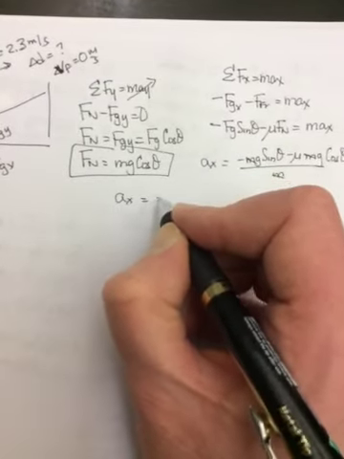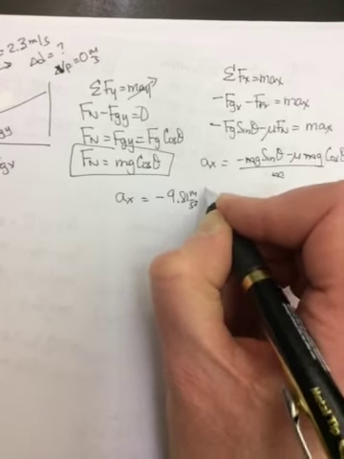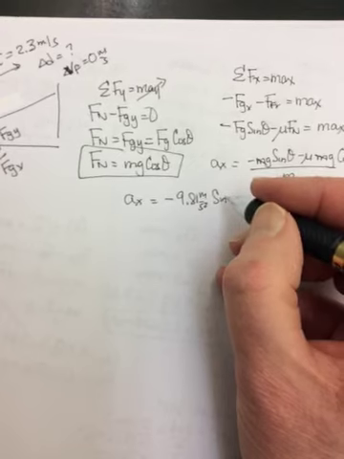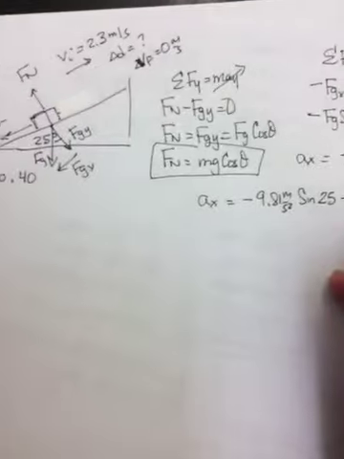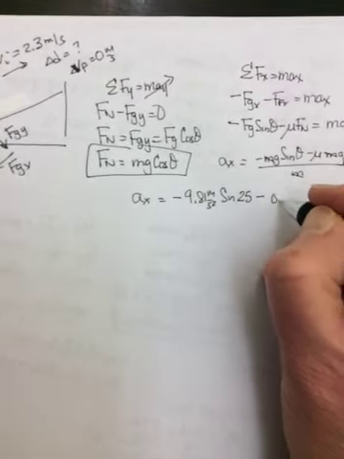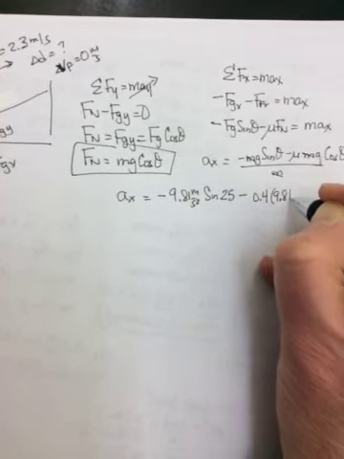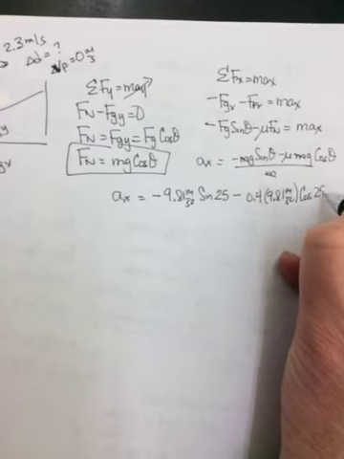So AX will equal negative 9.81 meters per second squared sine of 25 degrees minus mu, which was 0.4, times 9.81 meters per second squared cos of 25.